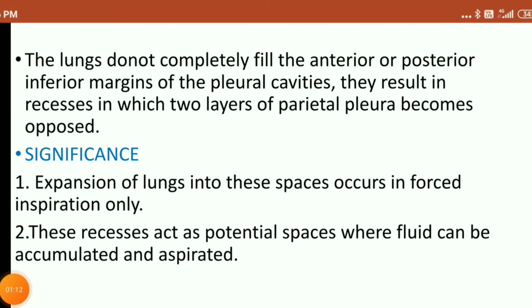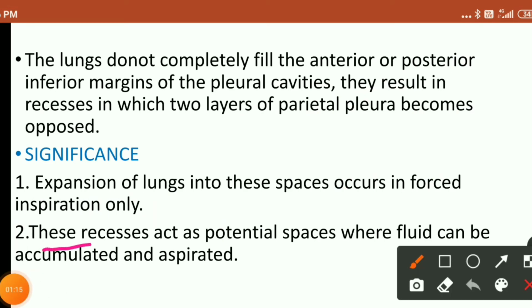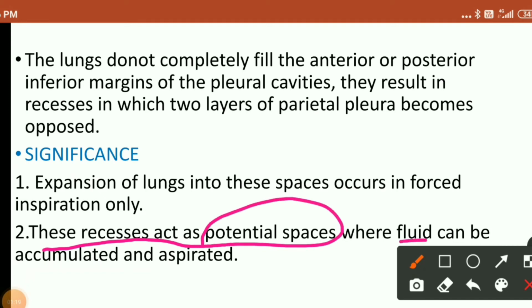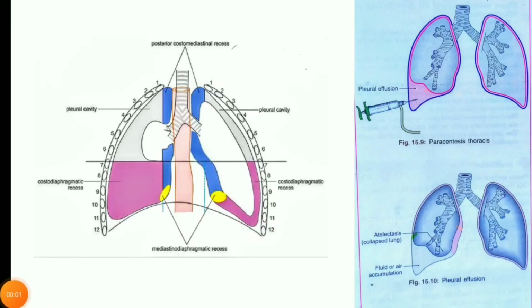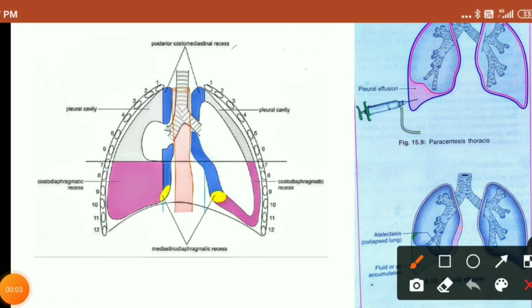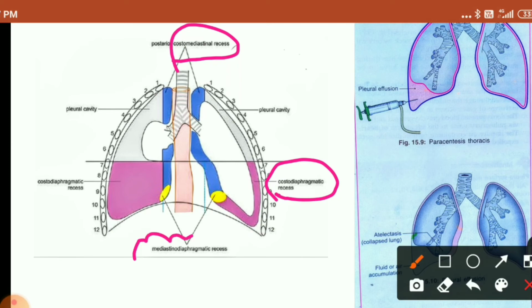You look that these recesses act as potential spaces, as I have already said, where fluid can be accumulated. Here we see that the pleural recess has been mainly divided into costomediastinal recess and costodiaphragmatic recess. Also there is another recess which has been demarcated, but it's not so significant, which is the mediastinodiaphragmatic recess.